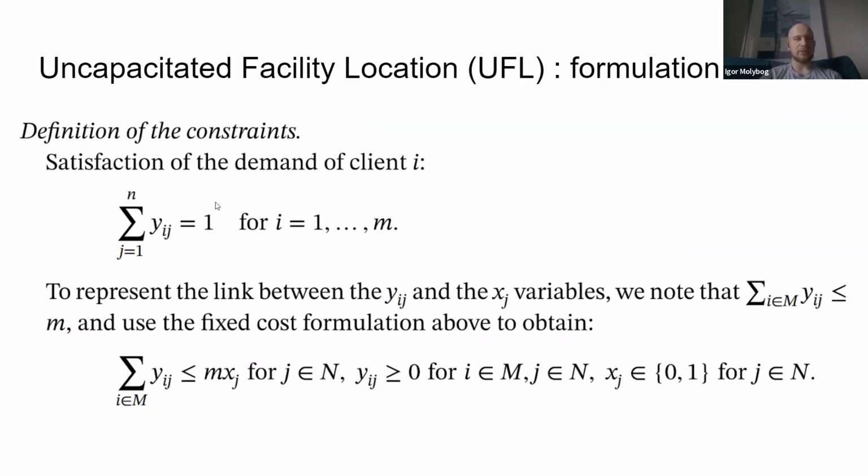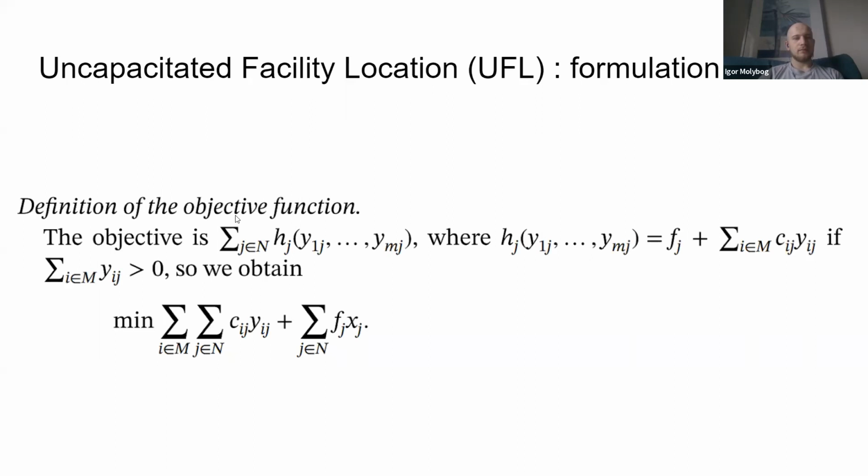Otherwise, there is some demand that is not being satisfied. And the objective function will consist of 2 parts. One part corresponds to the actual transportation cost, and the second part corresponds to the cost of opening a depot at a particular location.